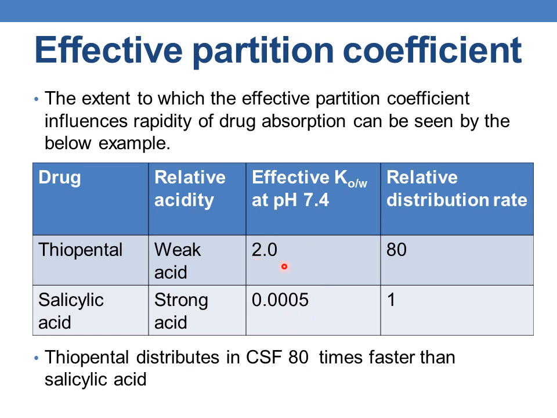Since the effective partition coefficient of thiopental is more, it distributes at a rapid speed. The relative distribution rate of thiopental is 80 times more than salicylic acid. So this is the significance of effective partition coefficient.